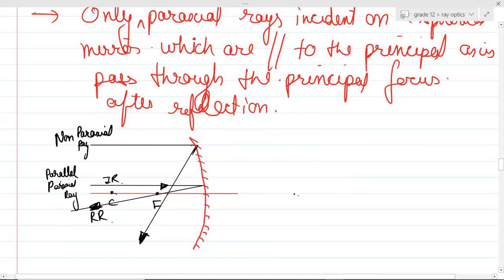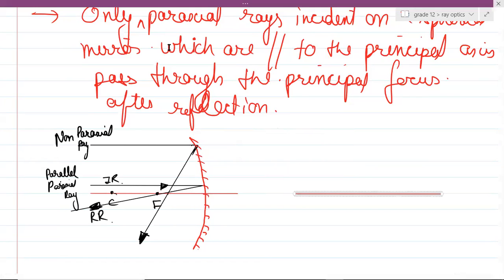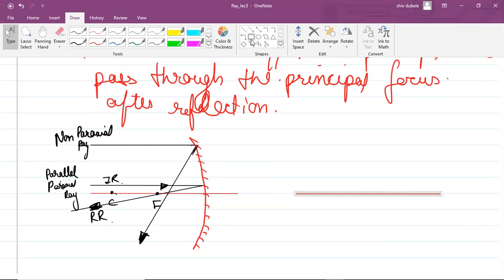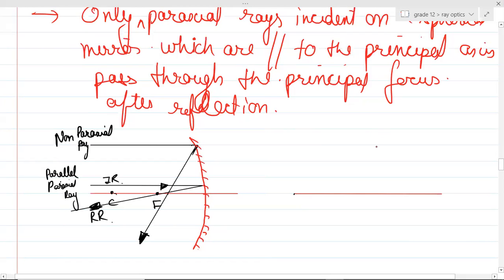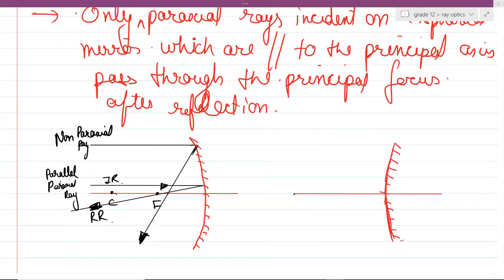Anyways, similarly, if I have again this line, control C, control V, and if I have this mirror. Now can you see guys, in the case of convex mirror, again the same two cases will be there.